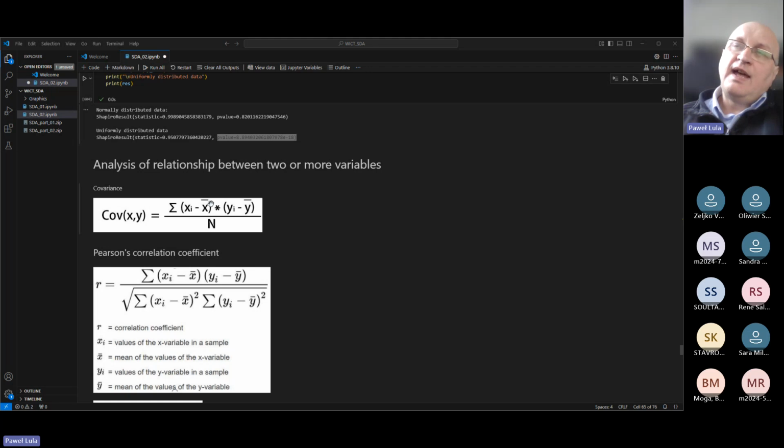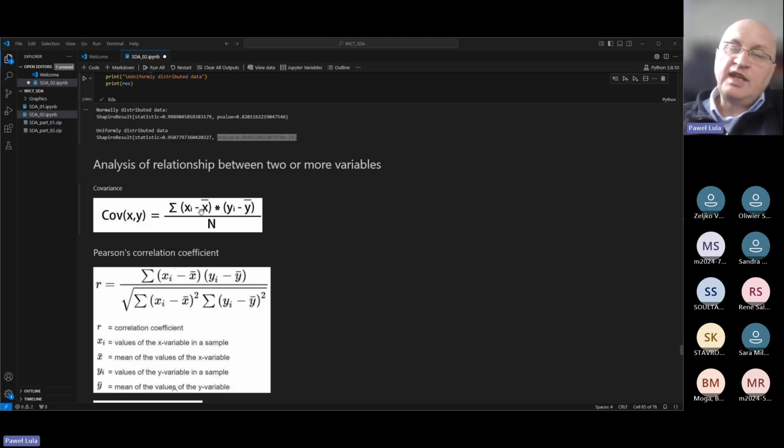If for x variable we have a positive value, and for y variable we also have a positive value, then the product of two positive values is also positive.